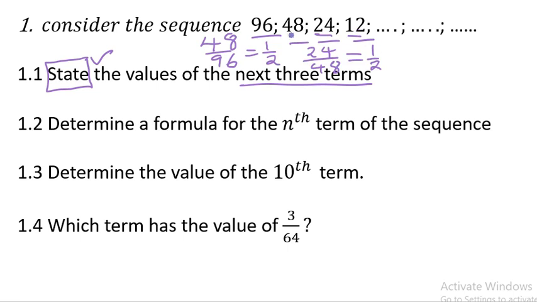So the next term should be half of the previous term.